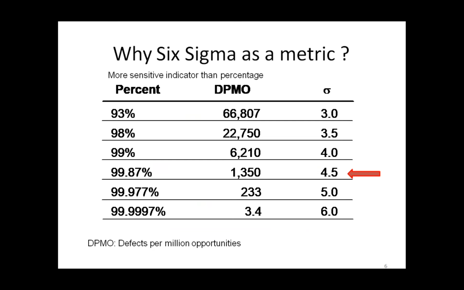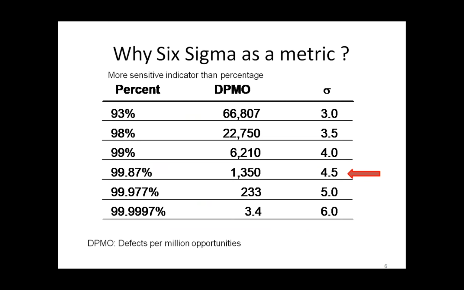Now if you notice here, if I were to move from a 3 to a 4 sigma process, just one sigma jump, I would need to improve my processes almost 11 times. Next to 3 sigma we have 66,000 defects, and next to 4 sigma we have around 6,000.